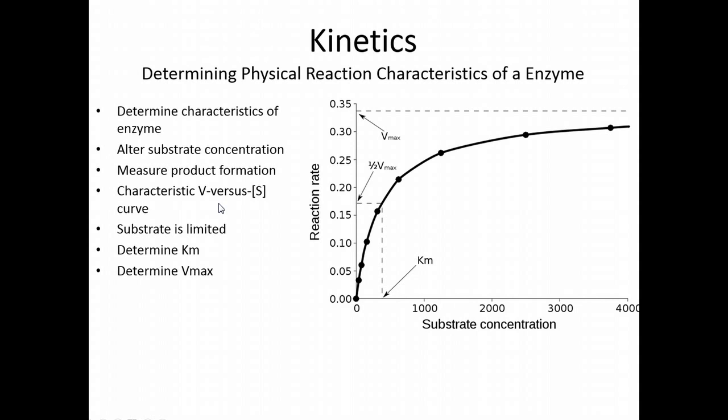Now let me also tell you that if I were to grow plants in different concentrations of iron, and iron being the substrate, and I looked at uptake of iron into the plant, I would get this same curve.